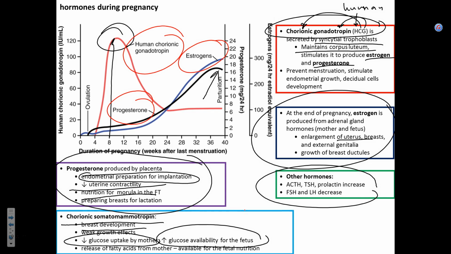You tell me, chorionic gonadotropin. Am I clear? So basically you have to know this graph with these 3 lines. Did I make myself clear? I'm not going to ask you which levels are higher, estrogen or progesterone, but you have to know that estrogen and progesterone are much higher than HCG. Good? No questions?